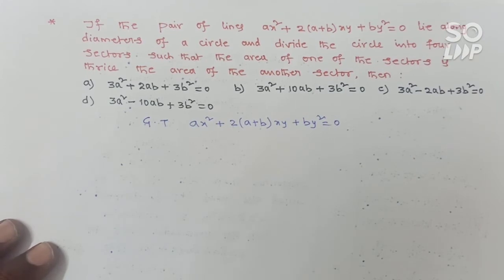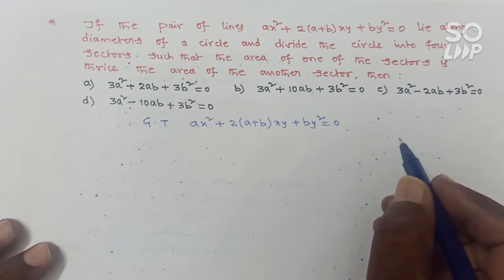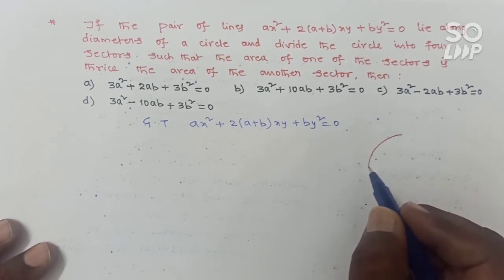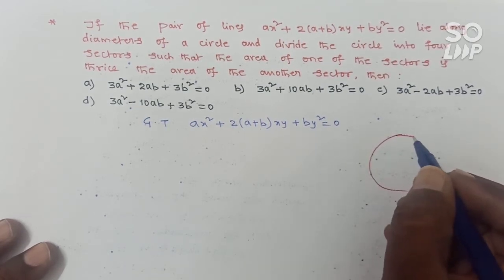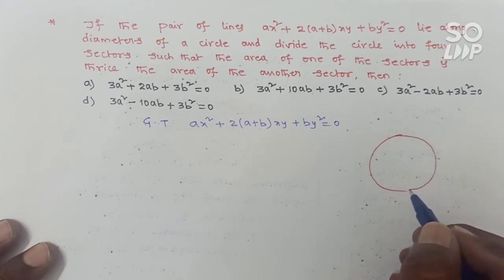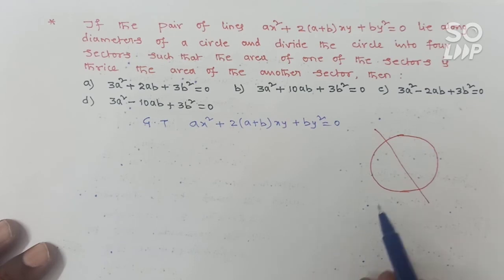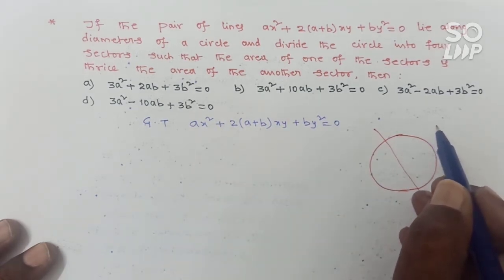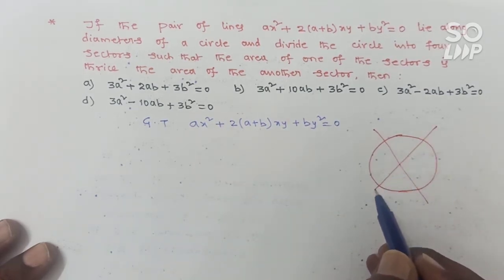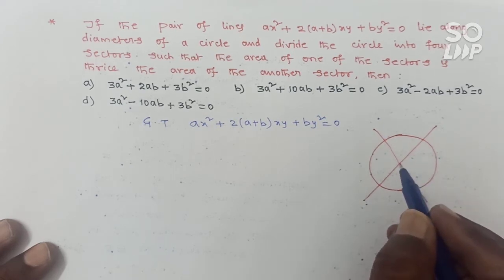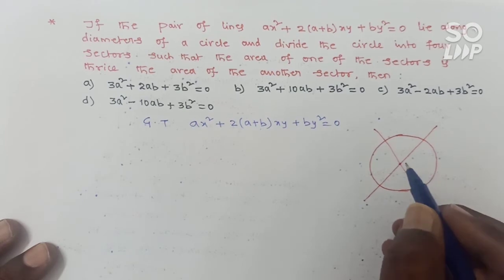That means the area of the sector depends on the angle. First you understand the figure. These are the diameters, so the point of intersection will be the center. This center will be the origin.